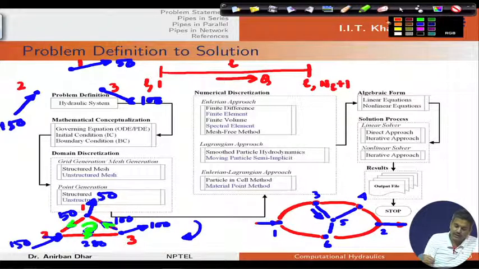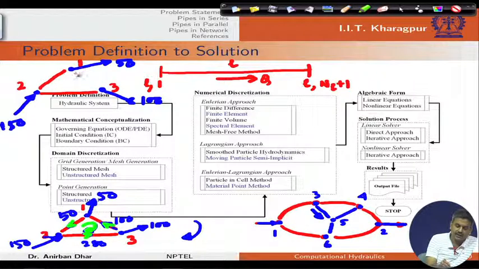So, in this case let us say that the initial distribution of our head is 100 on this side, 50 on this side, because 150 is entering into the system.